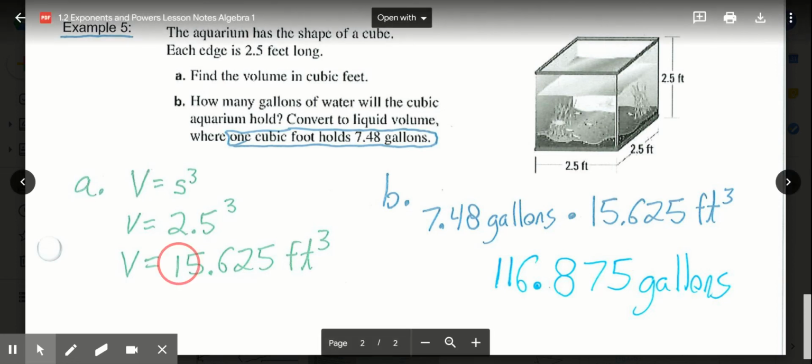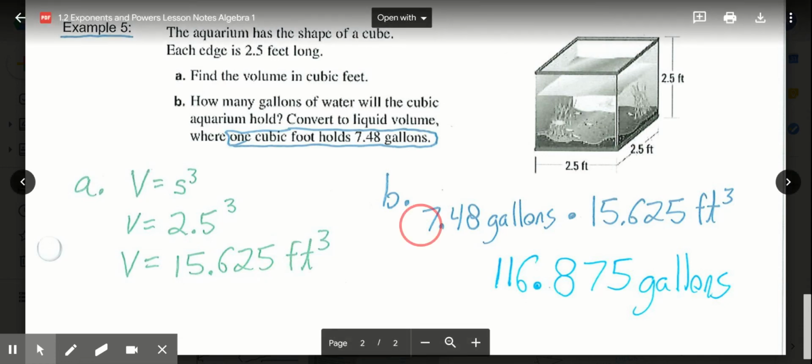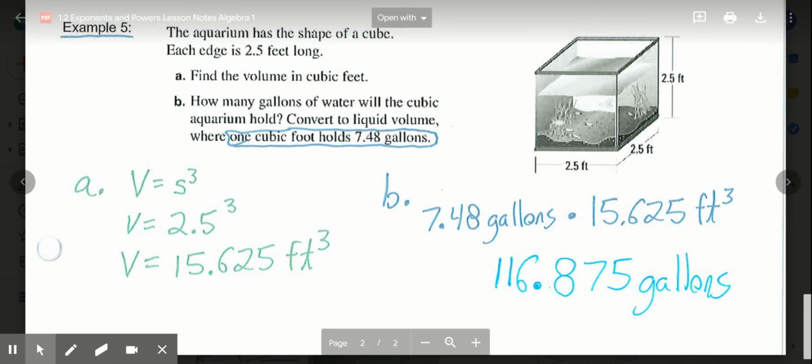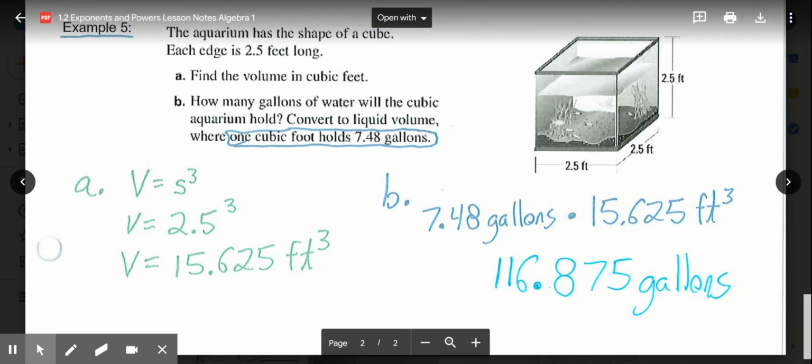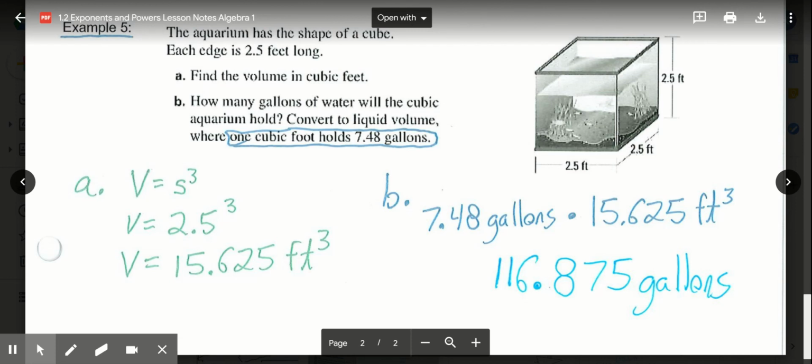But we have a 15.625 cubic foot aquarium. So we need to multiply by the 7.48 gallons. So 15.625 multiplied by 7.48 gallons. And this aquarium would hold approximately 116.875 gallons of water.